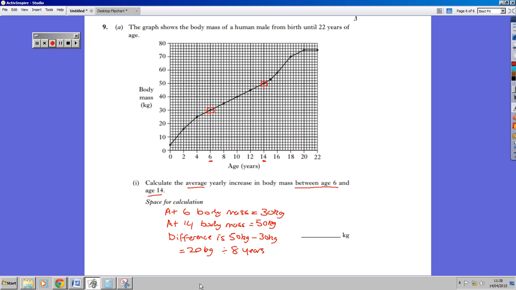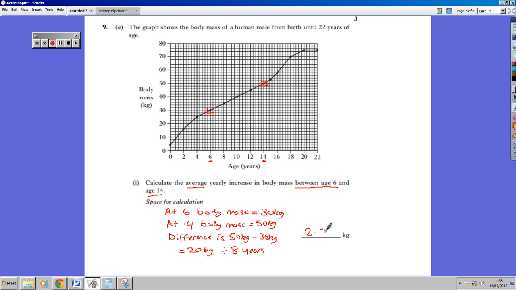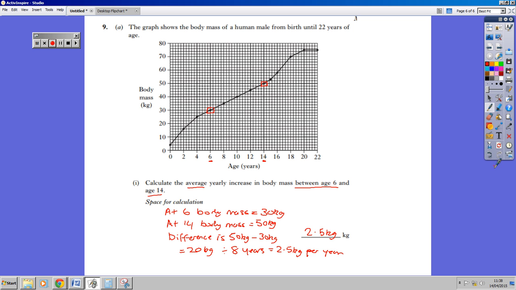And 20 divided by 8 gives you 2.5 kilos on average. And that's how you do calculating an average.